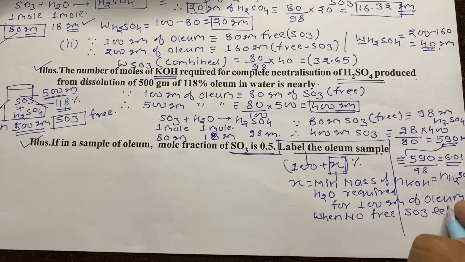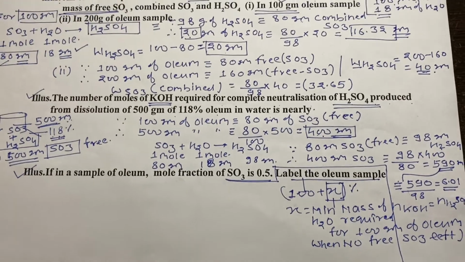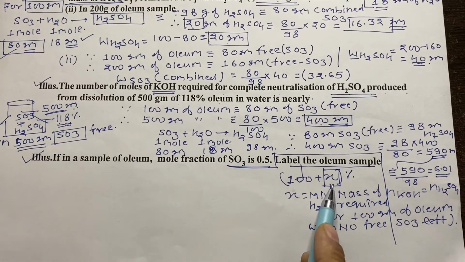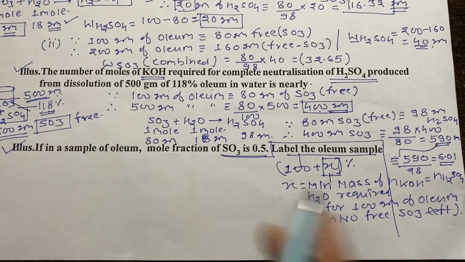We have discussed this in the last lecture. So we will calculate the minimum mass of water which is required for 100 gram of oleum sample so that no free SO3 is left.